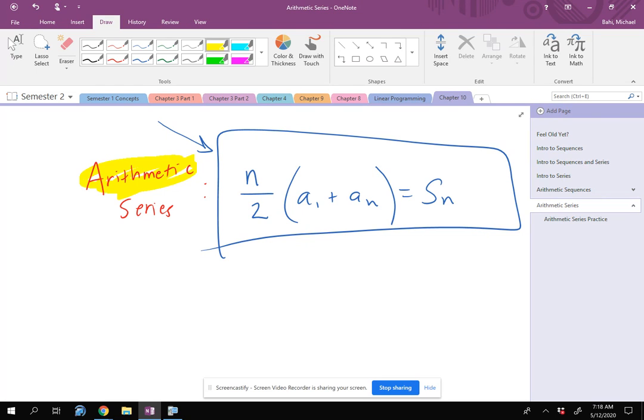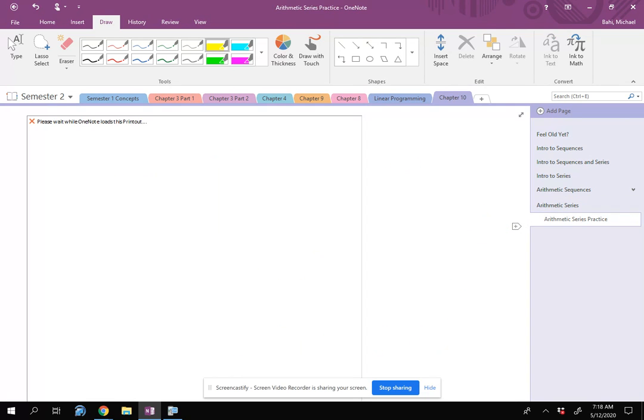But if you know that a series is arithmetic, and it would take you a minute to type it into your calculator in sigma notation, that's a very excellent benefit of having arithmetic series. You just add the first number and the last number and multiply it by n over 2.